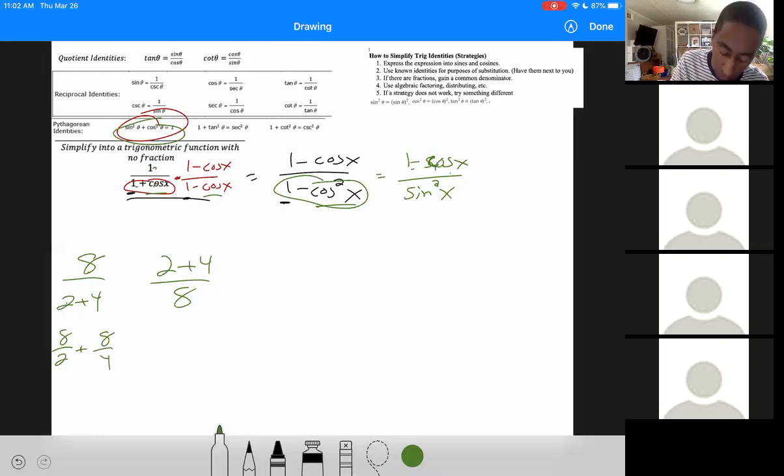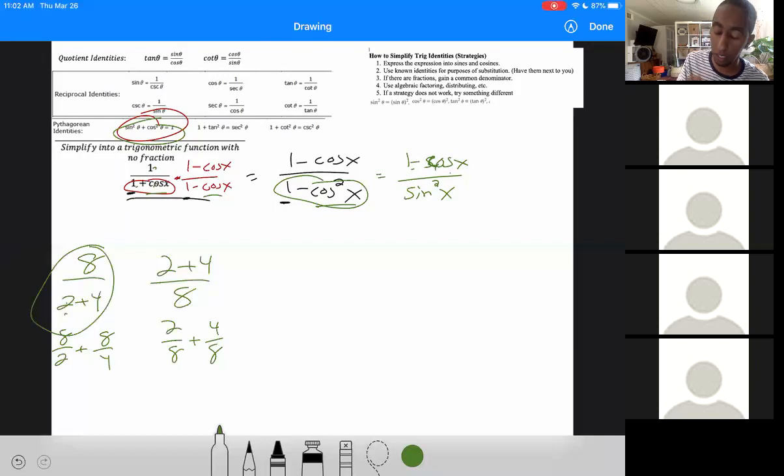But in the second example, when you have it at the top like that, you can split that up into 2 over 8 plus 4 over 8, right? So if you have a single thing you're dividing by, you can split it up, but in the first example, where it's 2 things at the bottom, you cannot, okay?